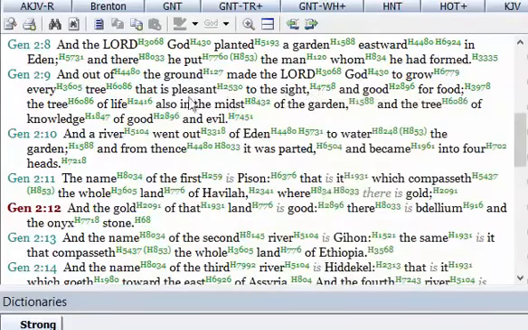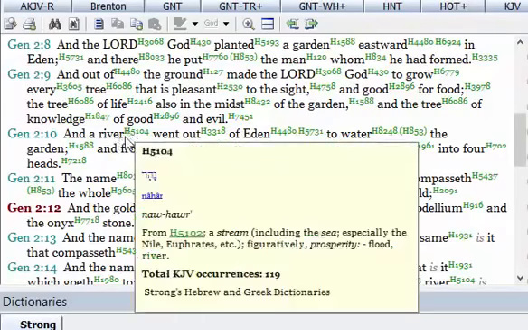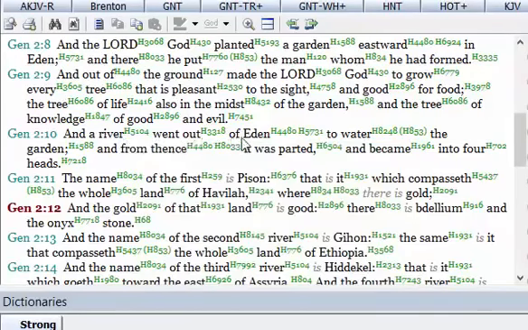And out of the ground made the Lord God to grow every tree that is pleasant to the sight and good for food, the tree of life also in the midst of the garden, and the tree of knowledge of good and evil. And a river, from the Hebrew word Nahar, it says, went out of Eden to water the garden.